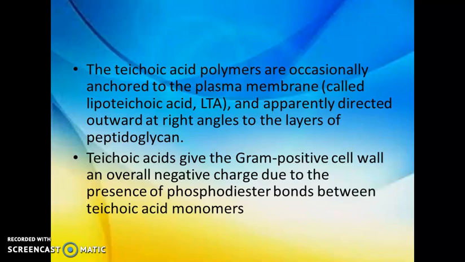The teichoic acid monomers are joined together by phosphodiester bonds to form the teichoic acid polymers, which gives a negative charge.